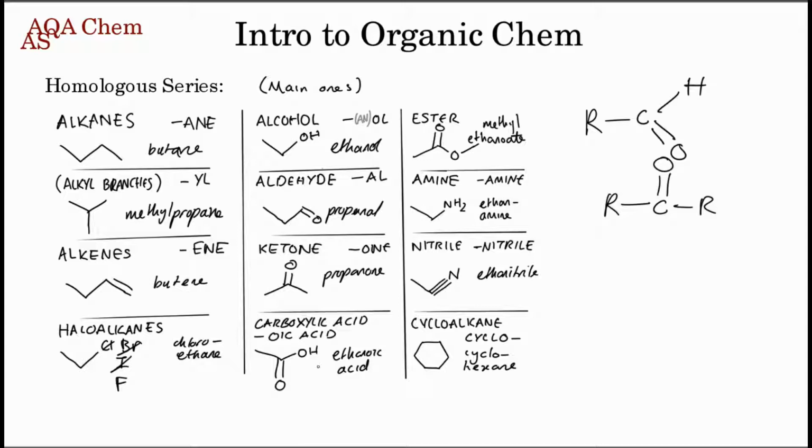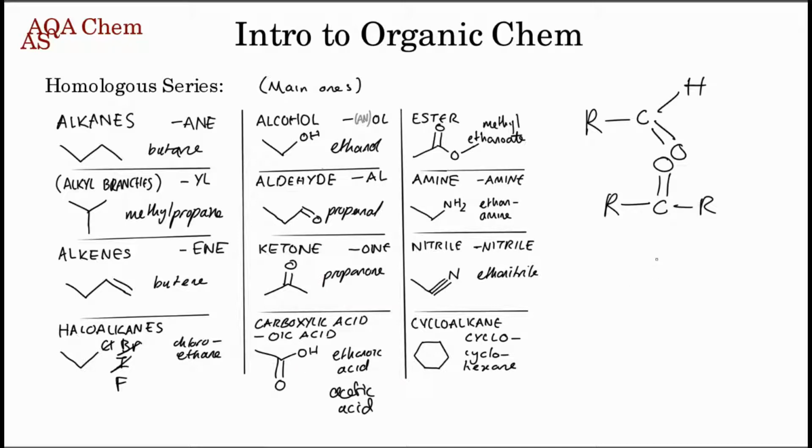Okay, and then you get your carboxylic acid. Now, you've done this in GCSE as well, the carboxylic acid, like ethanoic acid. Now, ethanoic acid is also called acetic acid in old-fashioned nomenclature. What a mouthful. Acetic acid is what's in vinegar and what makes vinegar sour.